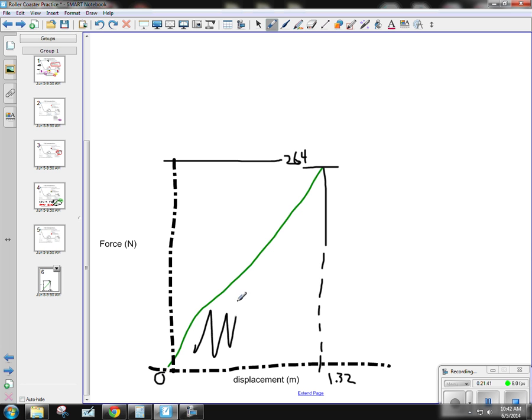This is actually just a triangle. This is a straight line, or it was meant to be. And if you find the area of that triangle, it's going to also be the amount of work done on the spring, which is the same as the amount of elastic potential energy that's stored in that spring.